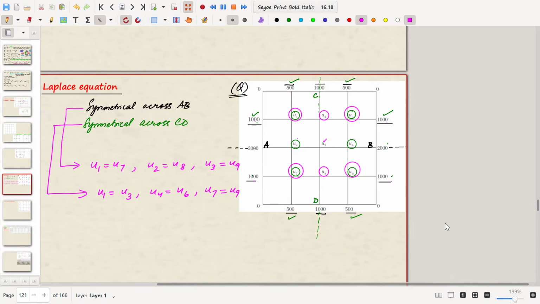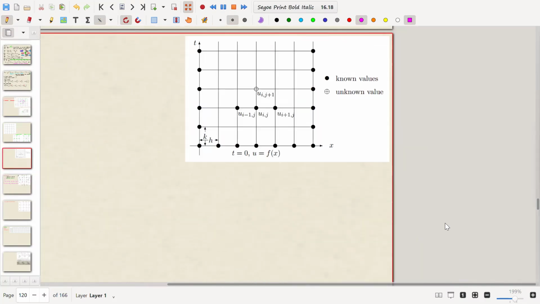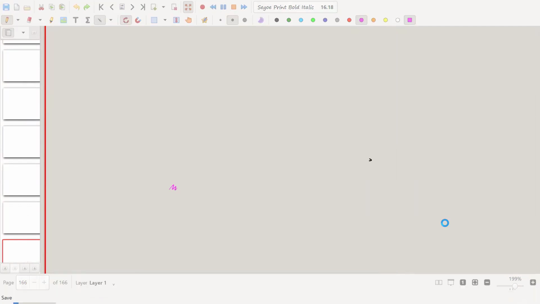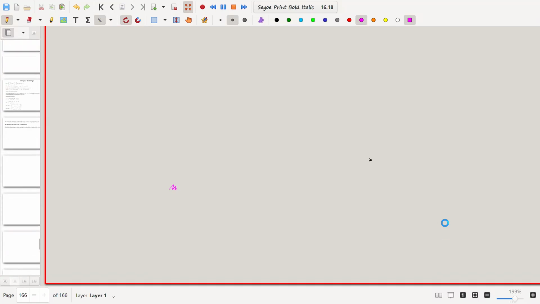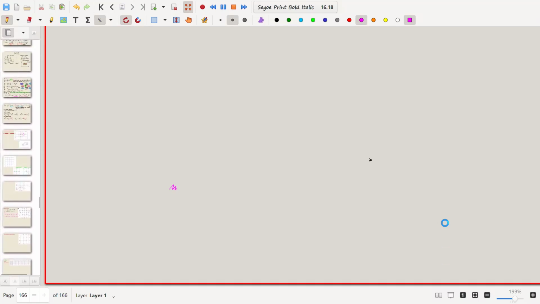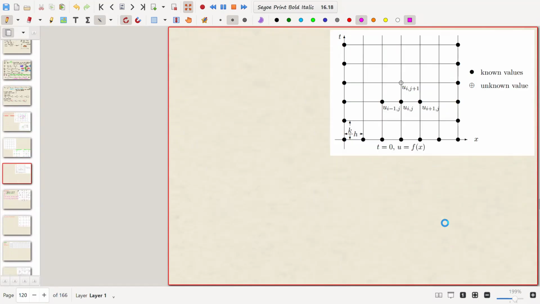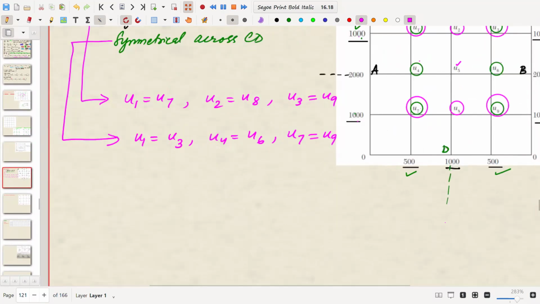But we have to start from somewhere. From where we should start? Any ideas?